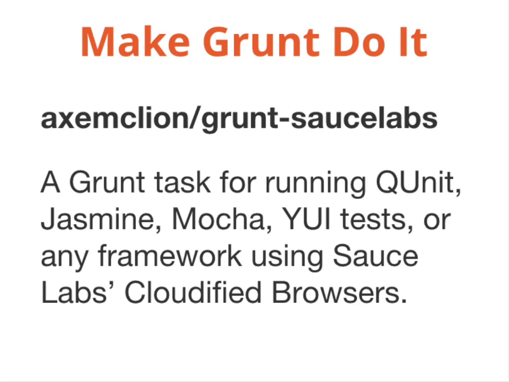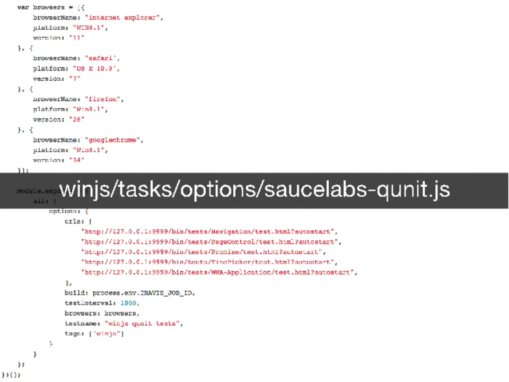There. So this is a Grunt task for QUnit, Jasmine, Mocha, YUI, or custom frameworks. It takes away a lot of the config or a lot of the background things you would need to know. So you don't need to know about tunnel IDs or if you're testing in a pull request, or you don't even have to handle test retries now.